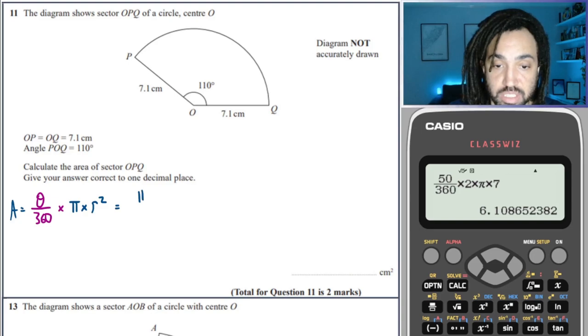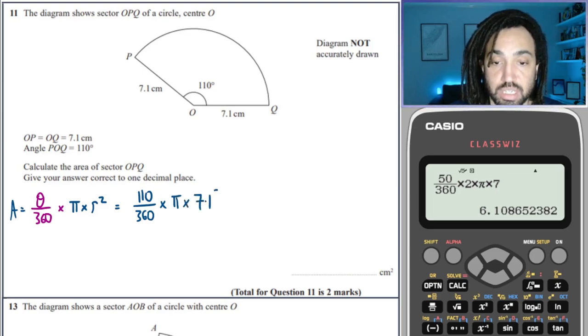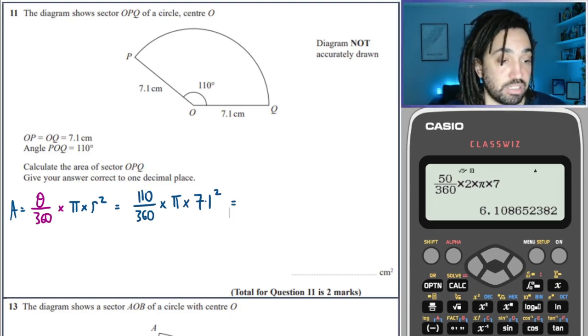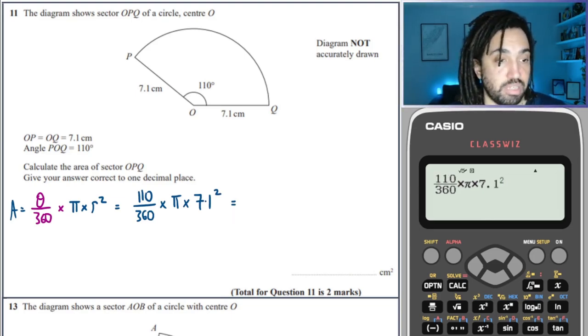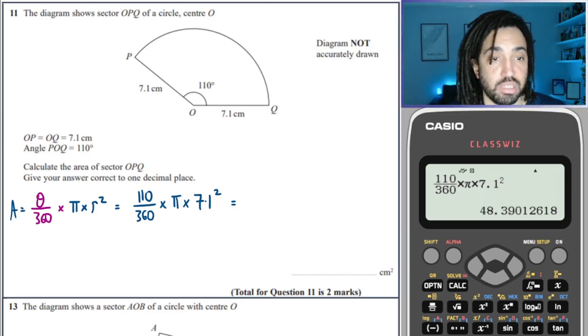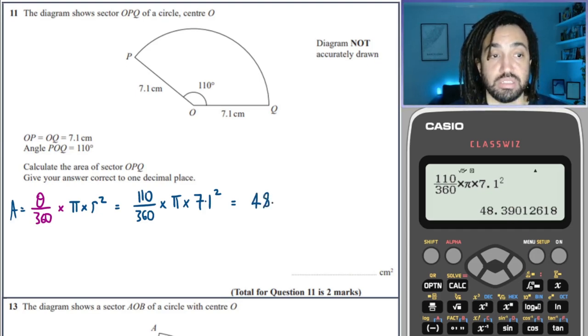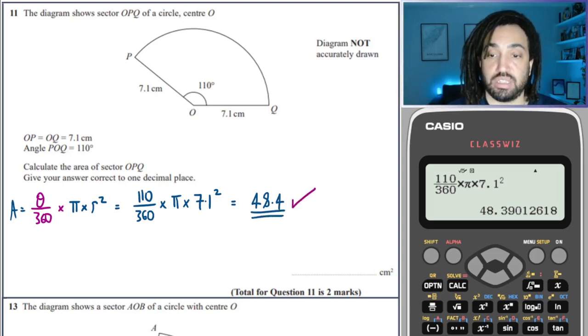So the angle is 110 out of 360 multiplied by pi times by the radius, which is 7.1, and then we have to square that, and then we just put that in our calculator. Okay, so there we go, in it goes, press equals, press the button to turn it into decimal, and that is 48.4 rounded to one decimal place. Perfect. Job done.